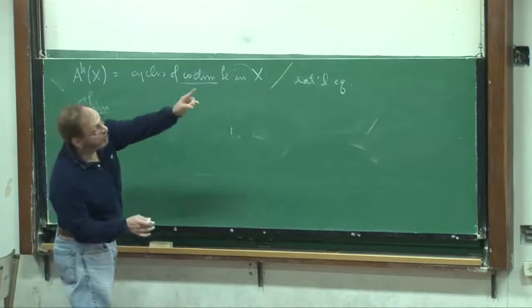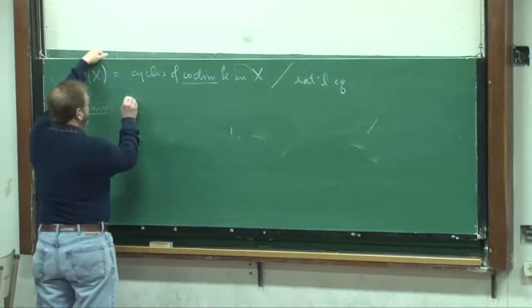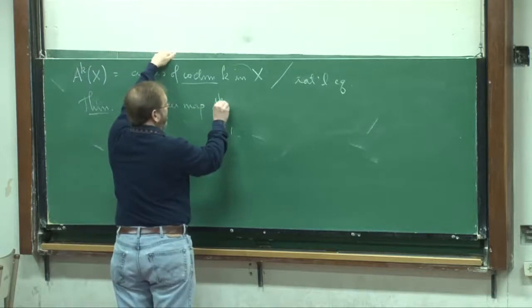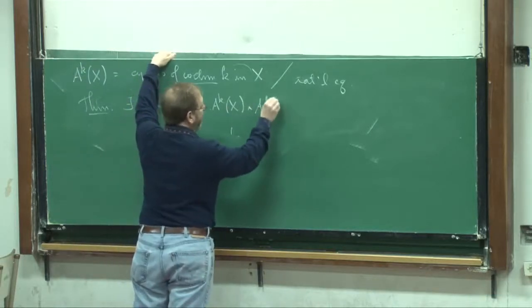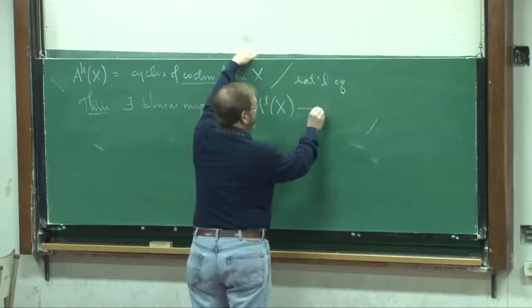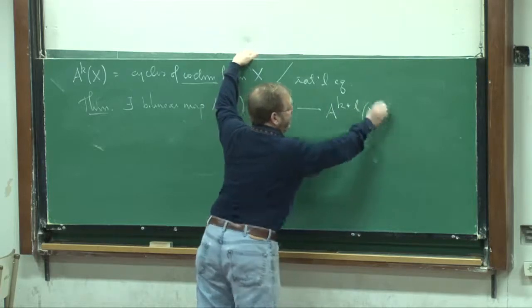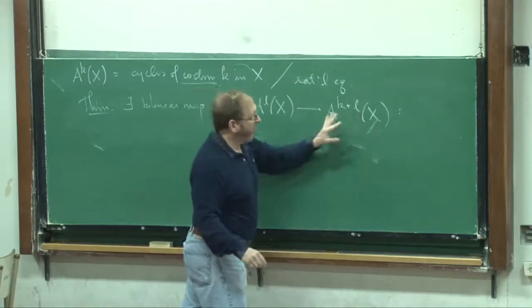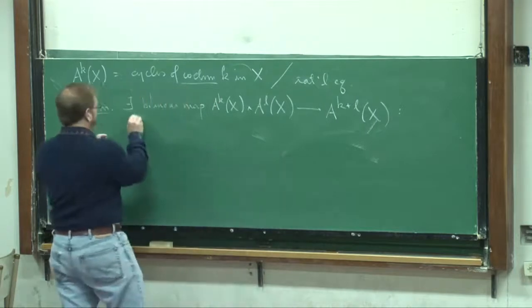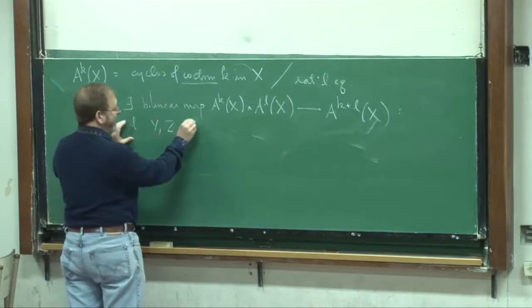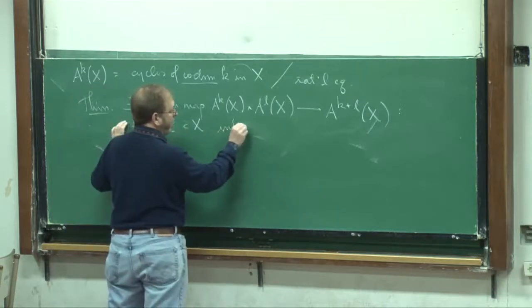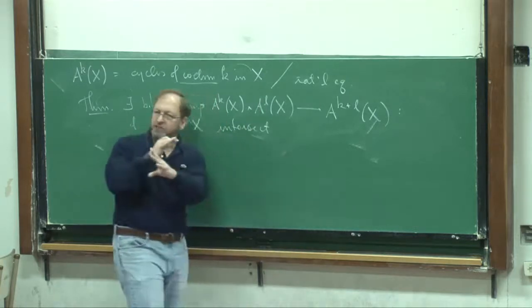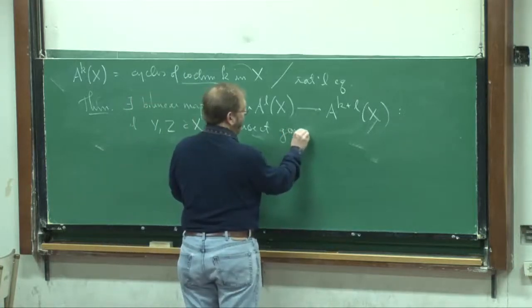Assuming X is smooth and projective, but not assuming anything else, there exists a bilinear map from A^K of X cross A^L of X, for any natural numbers K and L, mapping to A^(K+L) of X, such that, so this is now on cycles mod rational equivalence, and the key condition is that if Y and Z in X intersect generically, and these can be arbitrary dimensions, so I don't want to require that they intersect transversely, I just want to require that they intersect generically transversely.